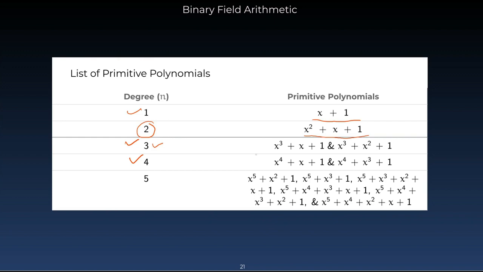Of degree 3 are x cube plus x plus 1 and x cube plus x square plus 1. Of degree 4 are x to the power 4 plus x plus 1 and x to the power 4 plus x cube plus 1. From degree 5 onwards, we have quite a few primitive polynomials, and we don't really need degree 5 in general.